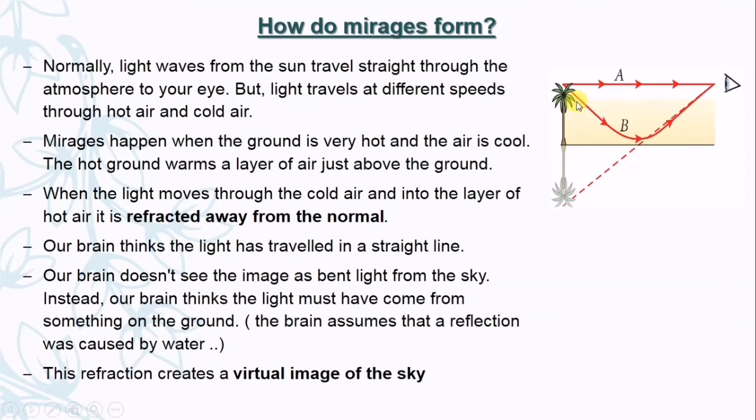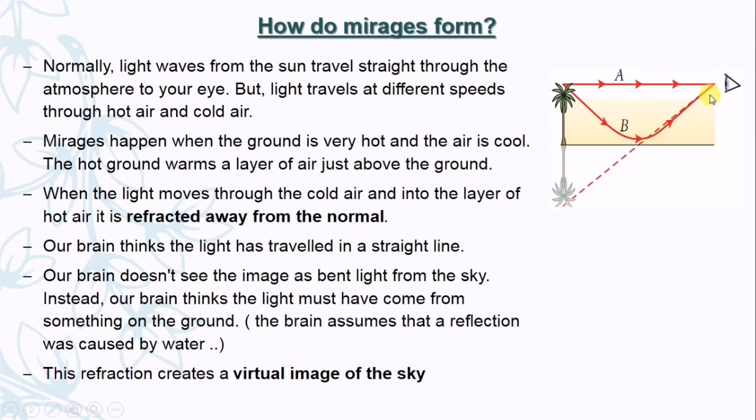This group of rays is moving from cool air to hot air, so it will refract, it will bend. How will it bend? It will bend away because it's entering a layer of air which is less dense, a layer of hot air, so it bends away.